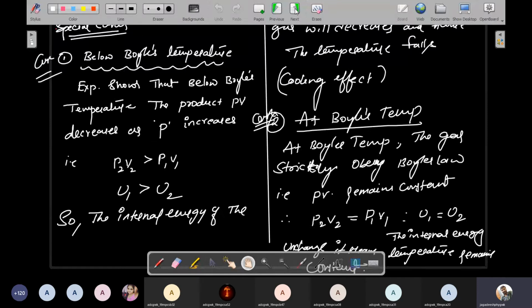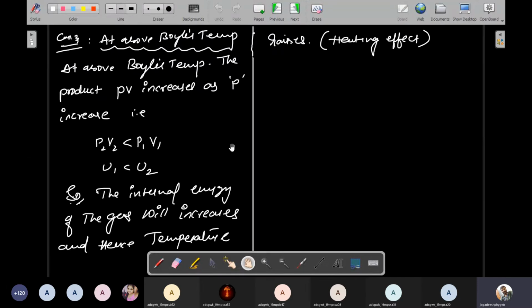Similarly, at above temperature the internal energy will also be different. In this case the temperature is rising, and that is called the heating effect.